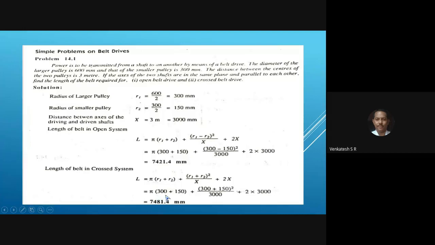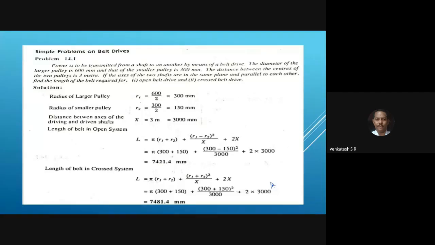Substitute the values of R1, R2, X in the equation. Pi into (300 plus 150) plus (300 plus 150) whole square divided by 3000, plus 2 into 3000. Calculate the length of the belt in case of cross belt drive system.